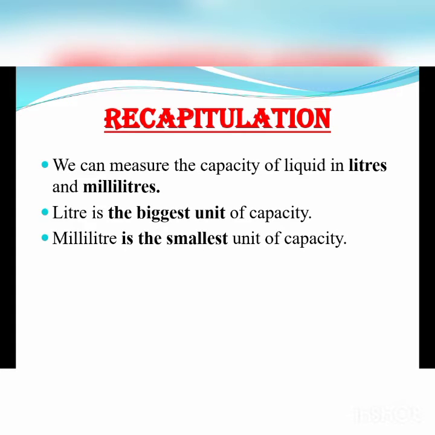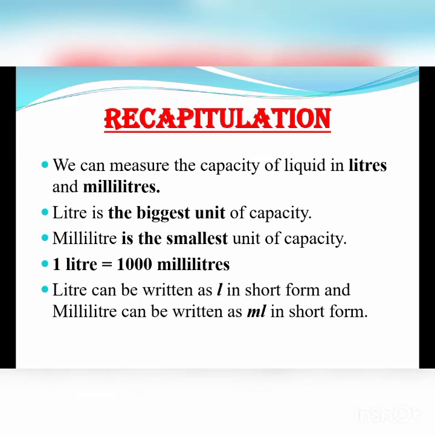Milliliter is the smallest unit of capacity, and we all know that 1 liter equals 1000 milliliters. Liter can be written as small l in short form and milliliter can be written as small letters ml in short form. Clear?